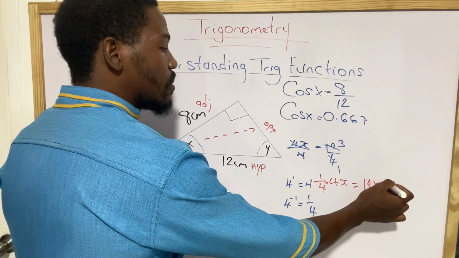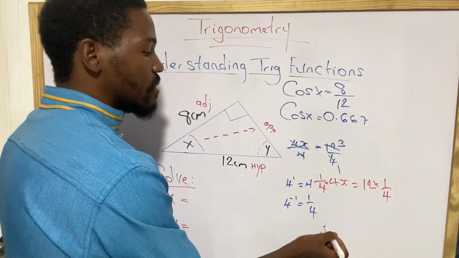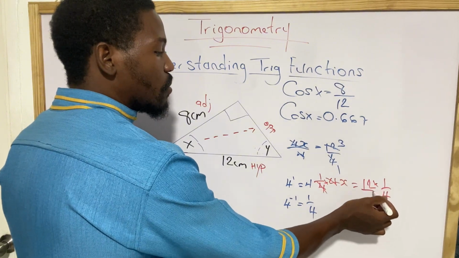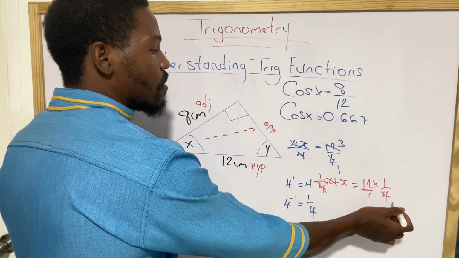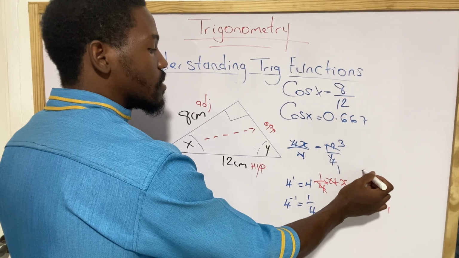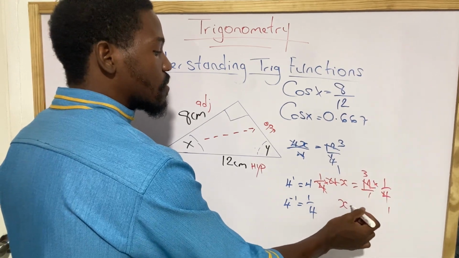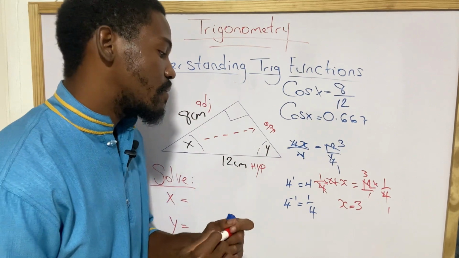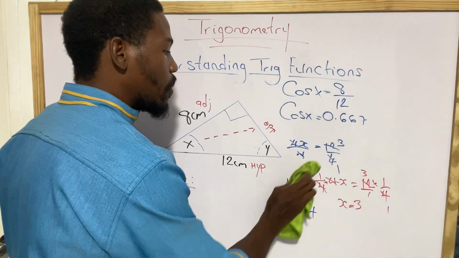So this 4 will be canceling that 4, and as we know, 4 into 4 is 1, 4 into 12 is 3. So x equals 3.